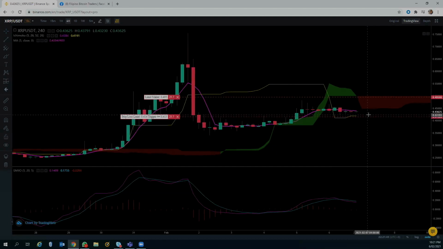So we make sure the support is fully broken and sell there, because by the time the support is broken, the price keeps going down, meaning the support has broken.